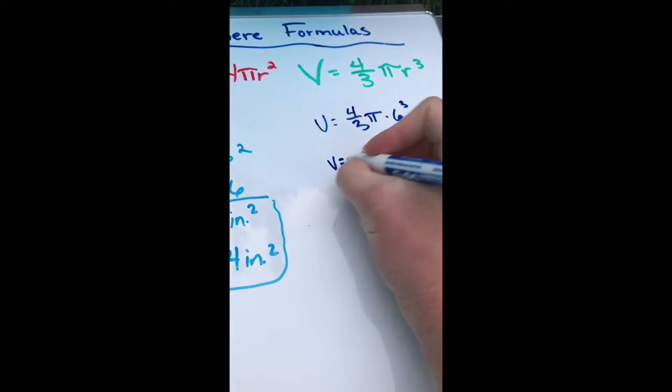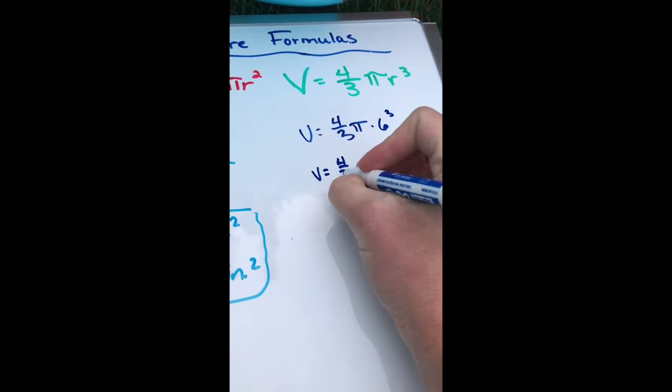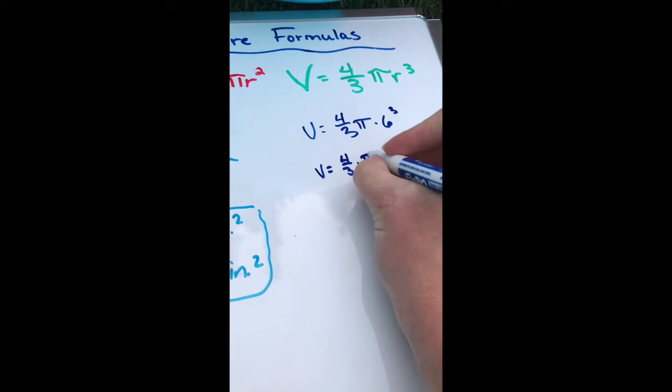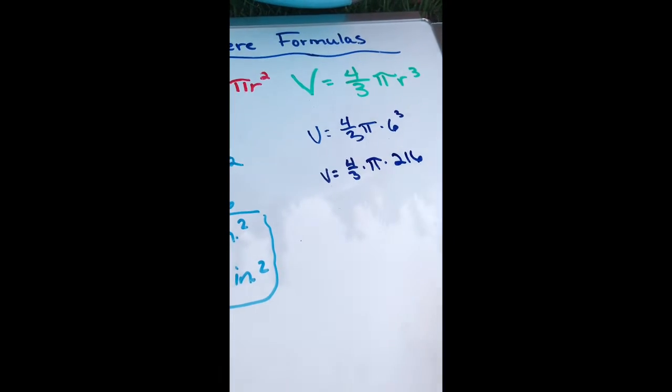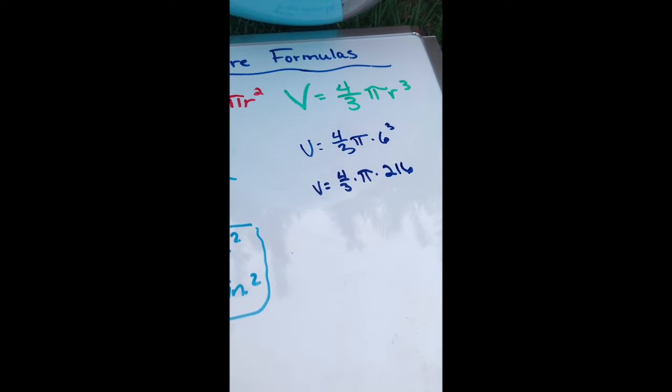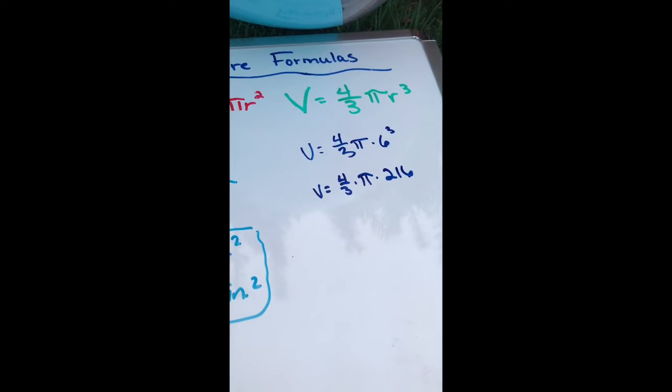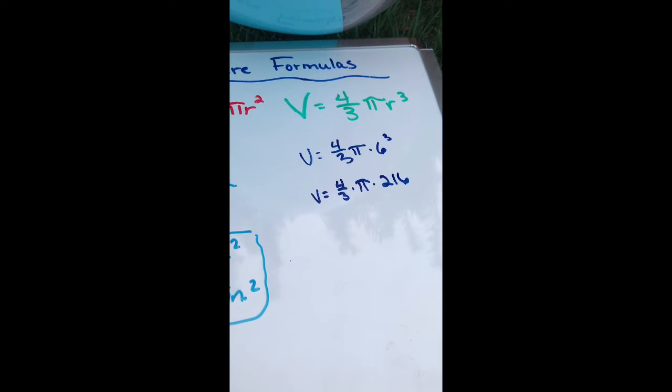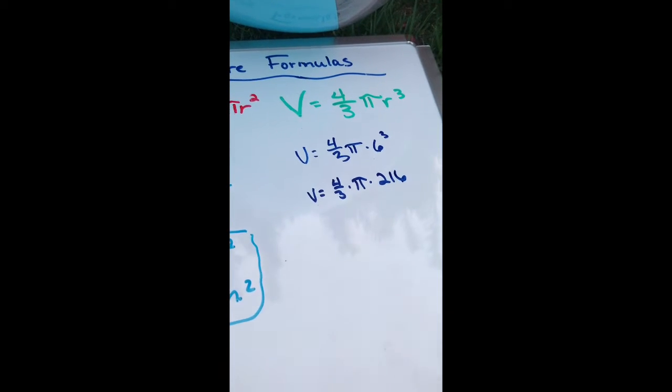So the volume is equal to 4/3 times pi times 216. Okay, and then you can multiply this however you want. You could go 216 times 4, which is 864, and then divide by 3, and you would get 288.